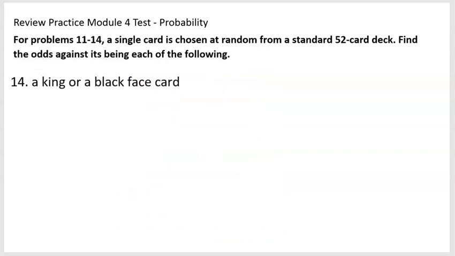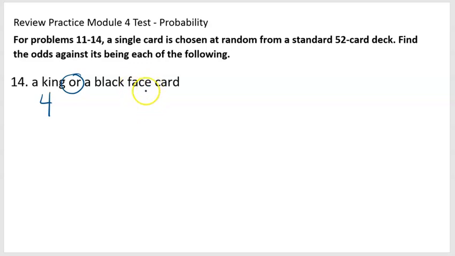Okay, so we're pulling a single card out of a 52 card deck. We want to find the odds against a king or a black face card. And remember, or really means add. So we have a king. Notice there are 4 ways to get a king. And if you go look at your stack of cards, I'm not including it in the picture here, but go look at the stack that we've listed before.